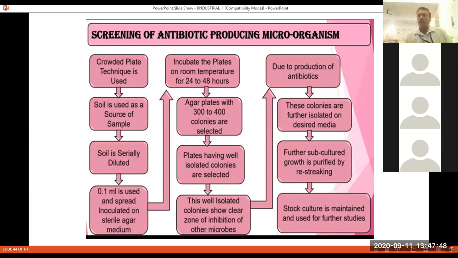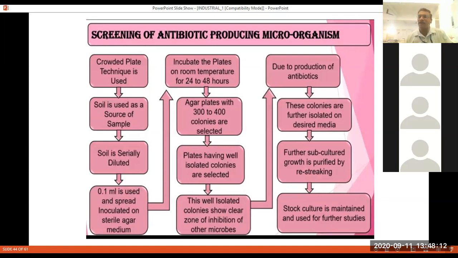Now those particular colonies show the zone of inhibition around the colony. Those colonies are further picked up with the help of the inoculating needle and transferred onto the desired medium. So we call this subculturing by the streak plate method, or we call it restreaking.